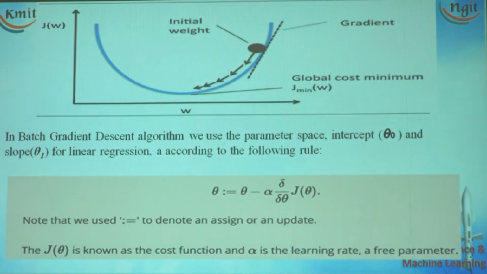Mini batch. Actually we will not call that batch; this is the vanilla gradient descent. Batch means we will take some batches, meaning that in 1,000 records we will take 500 records and then 500 records, 2 batches.